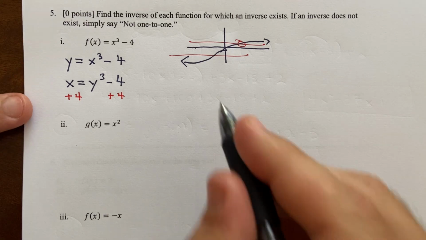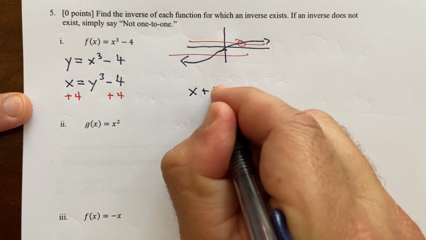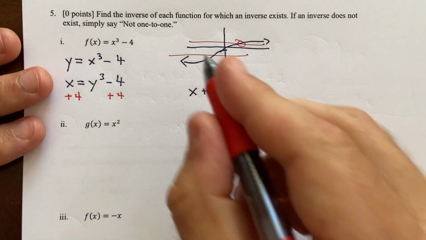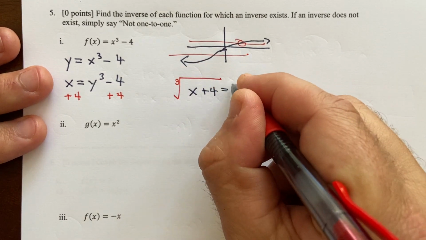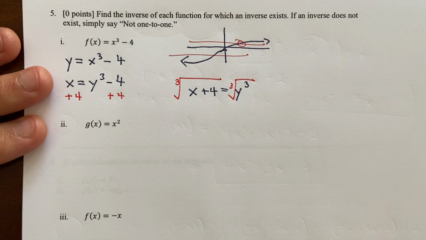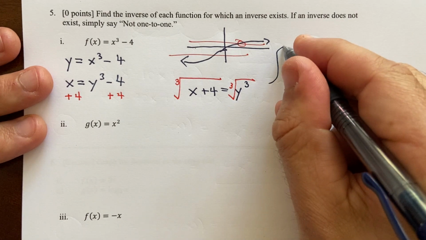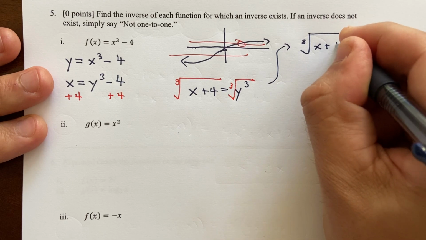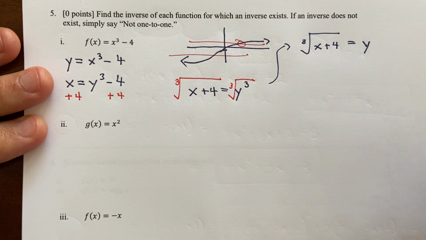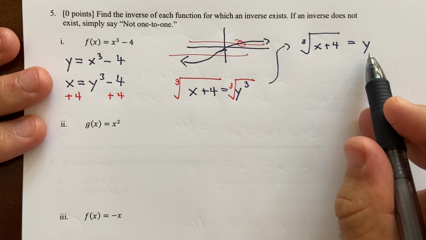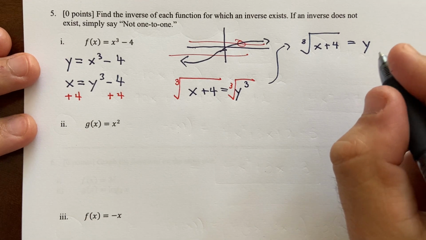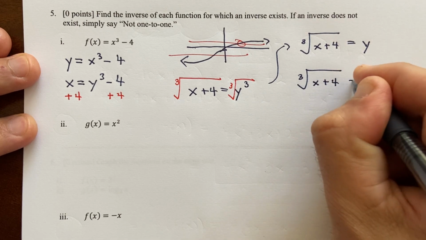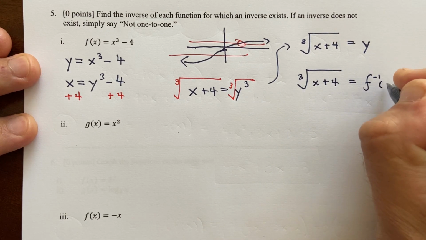So I'll add 4, I get x plus 4 equals y cubed, and then take the cube root. So we have the cube root of x plus 4 equals y. And the final step is just to rewrite y as f inverse. So cube root of x plus 4 equals f inverse of x.